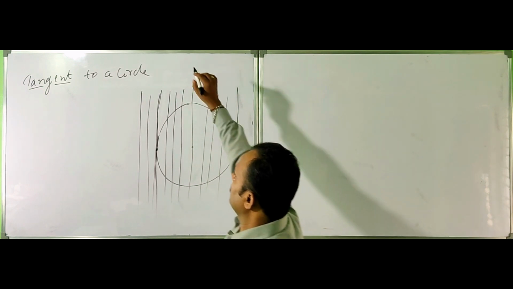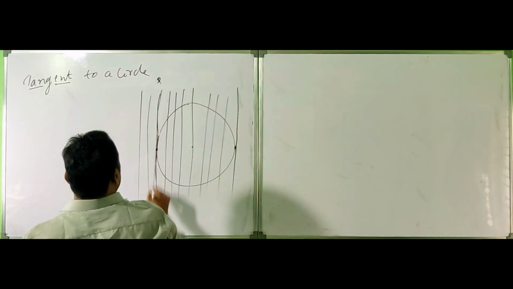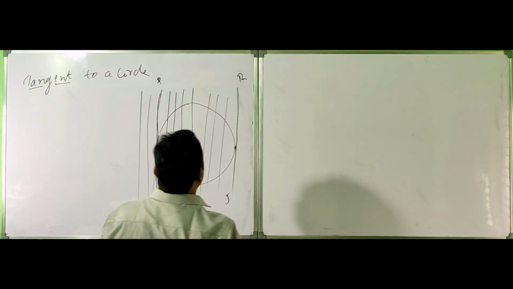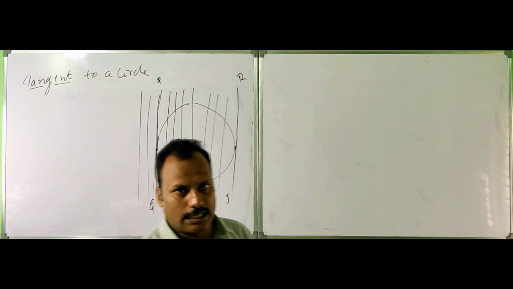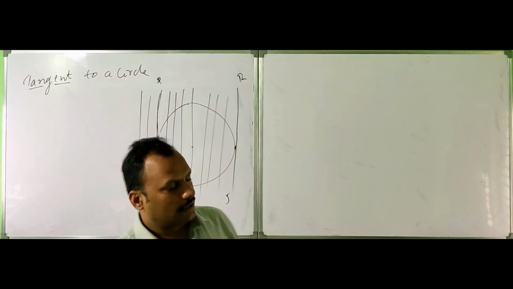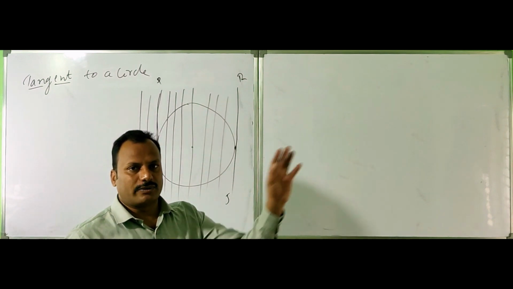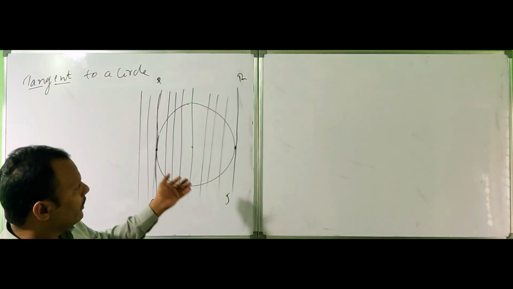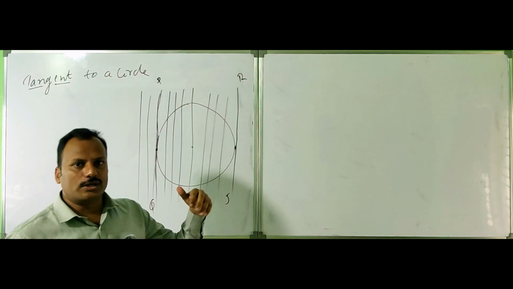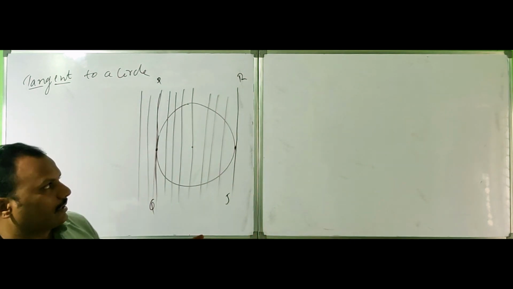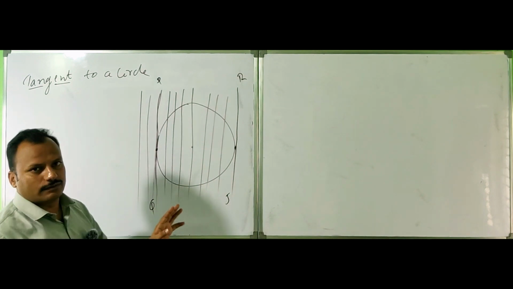This is also called a tangent. Here P, Q and R are tangents. That line is called a tangent to the circle.